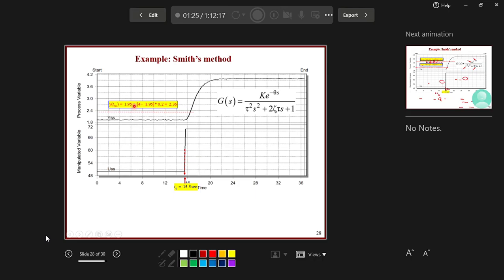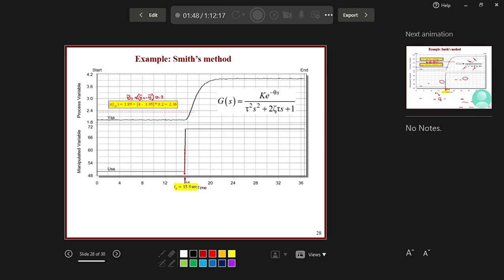Here we use, let me show the pen again, y bar 1, and then y bar 2 minus y bar 1, times 0.2. Why?